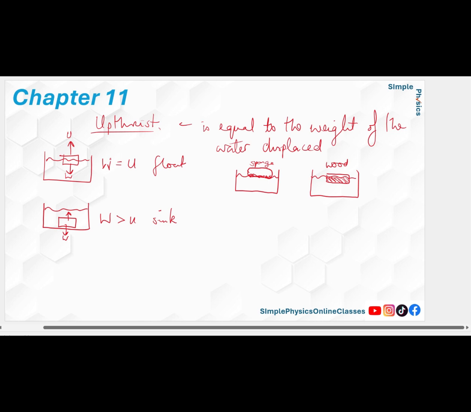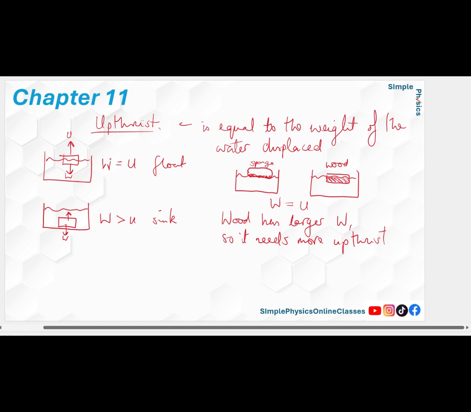Well, they're both floating, so weight equals upthrust. But the wood has larger weight, so it needs more upthrust. Now, look at the definition. Upthrust is equal to the weight of the water displaced.